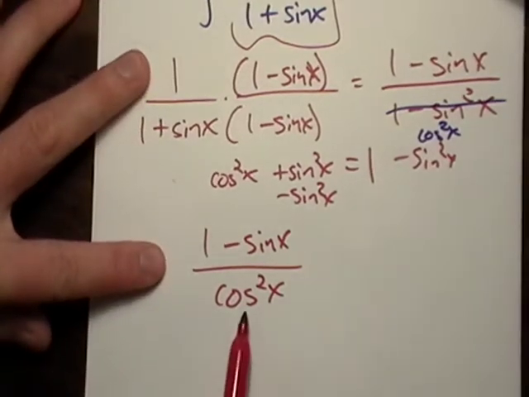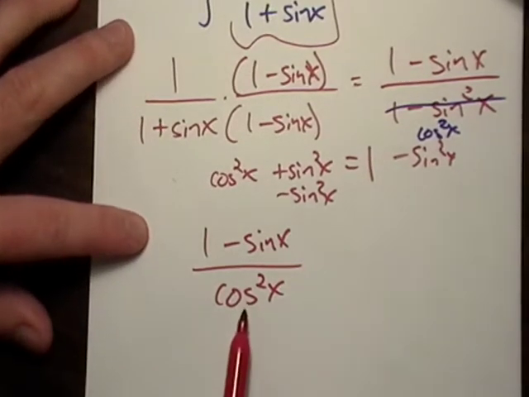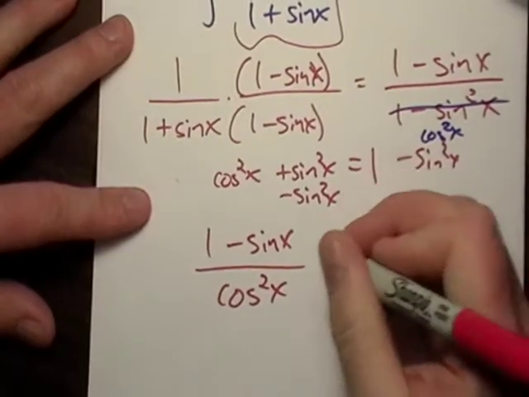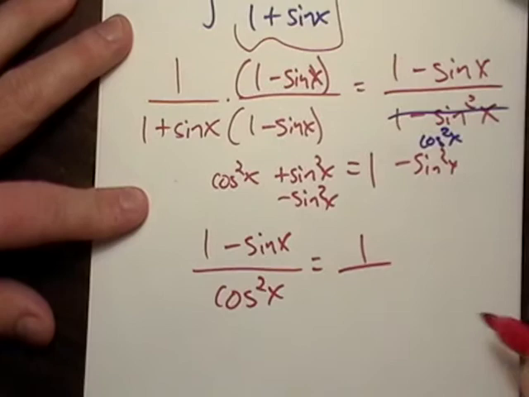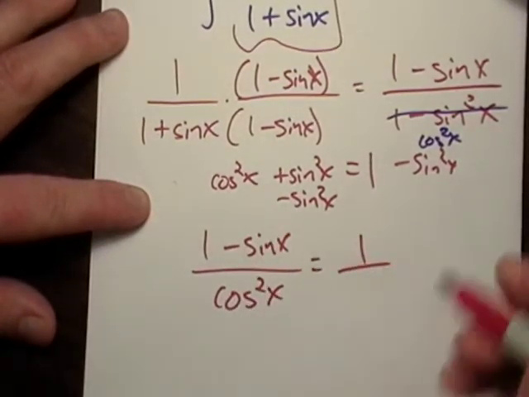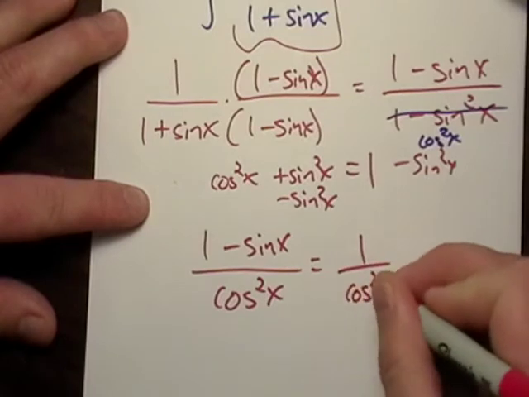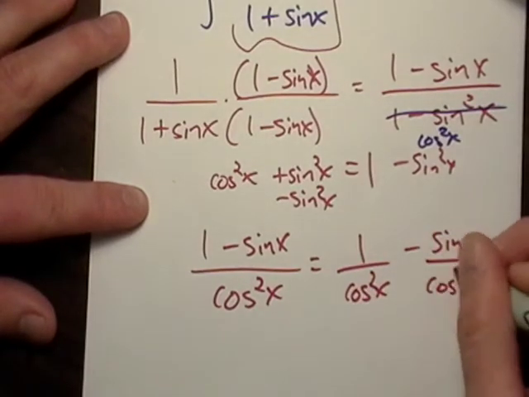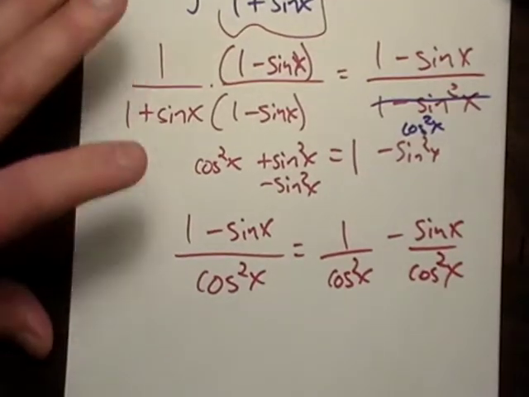It looks like I can probably do a U substitution for cosine x if I split this thing up into parts. Not integration by parts, just fractional composition. I'm just going to split the fraction: 1 over cosine squared x minus sine x over cosine squared x. That's perfectly legal.